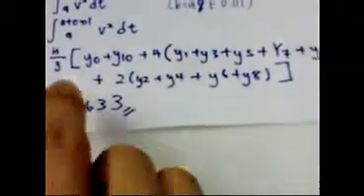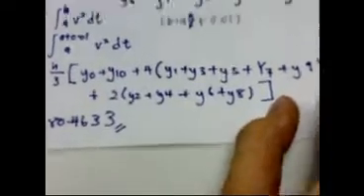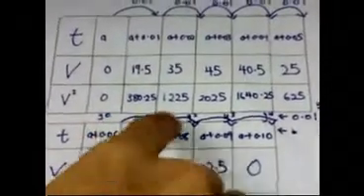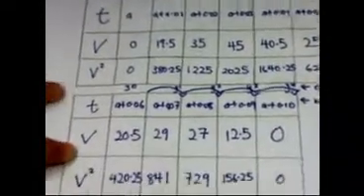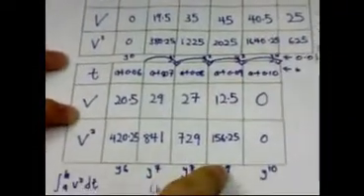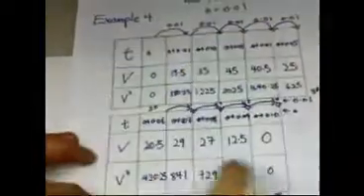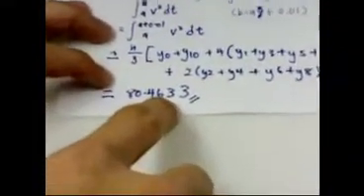Using the formula of Simpson's rule, shown over here, we just substitute the values in. The first column will be y0, followed by y1, y2, y3, y4, y5, y6, y7, y8, y9, and y10. After substituting all the values into the Simpson's rule equation, you will get the answer 18.433.